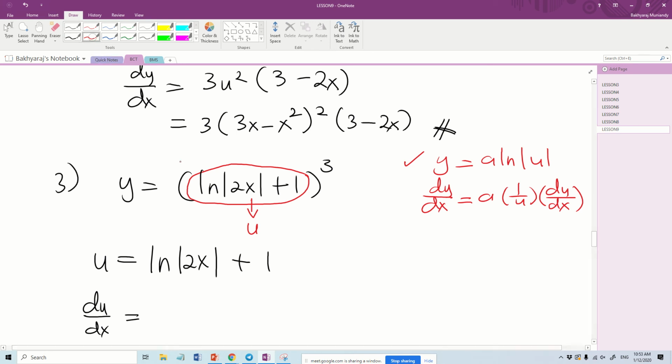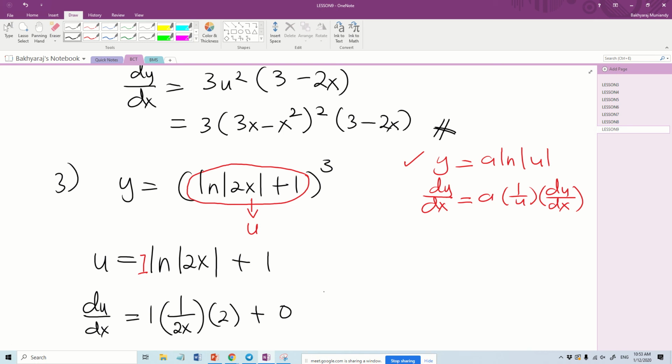Okay, so what is your a? a ialah 1 dah. Okay, your a is 1. 1 over 2x times by what? 2. Times 2 plus 0 dah. Differentiate 1 jadi kosong dah. Oh, saya silap.